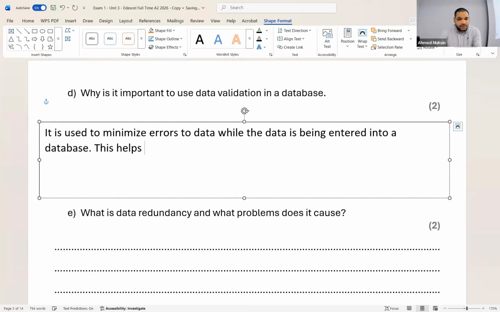This helps maintain what? When you put data validation rules, you're trying to maintain what? You're trying to maintain consistency. So consistency, accuracy, all put together, integrity. This helps maintain data integrity. Consistency, accuracy, completeness, all that put together is what we call data integrity.